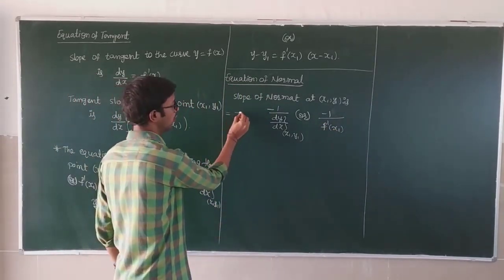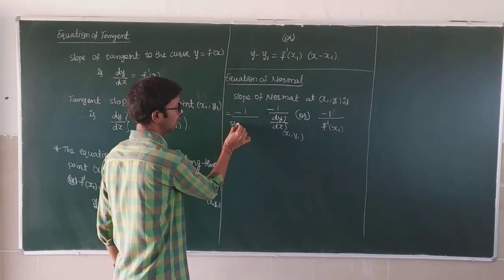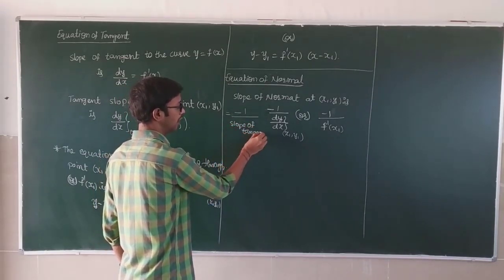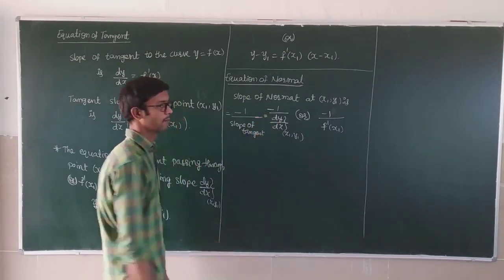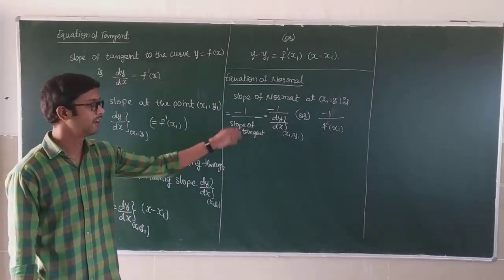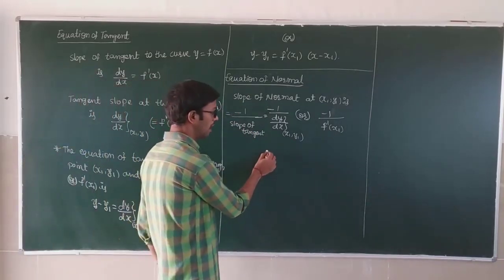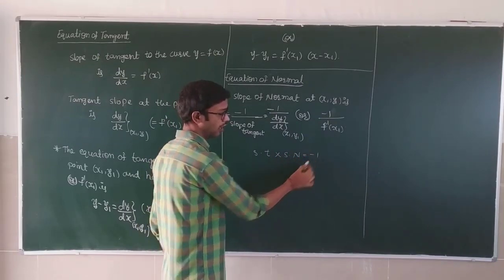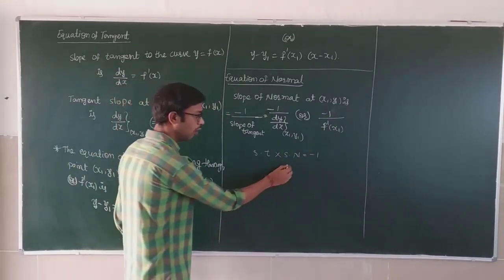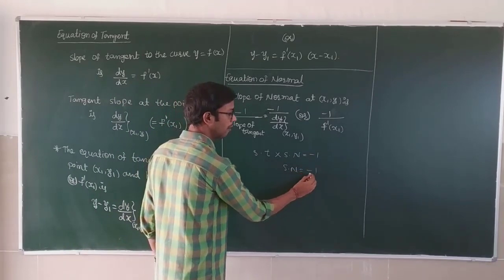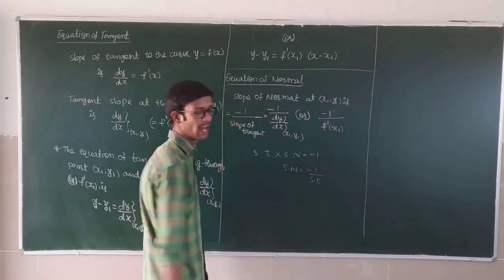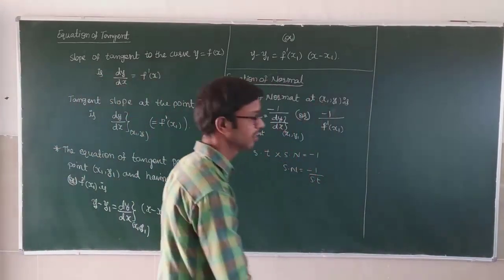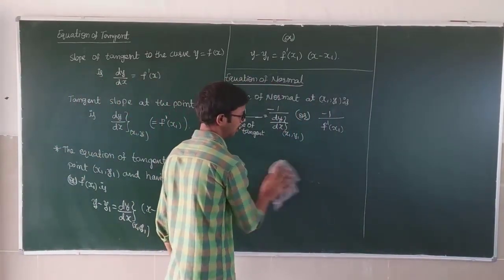Why? Because slope of tangent into slope of normal is equal to -1. Slope of normal is equal to -1 by slope of tangent. Why? Because the perpendicular condition is satisfied.